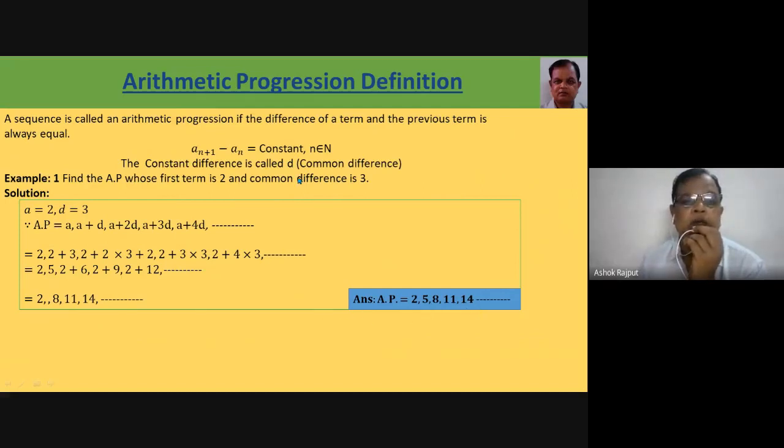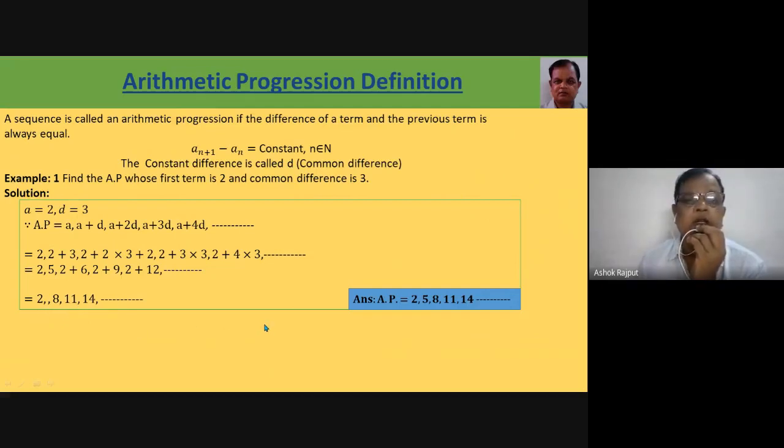Now, this is the definition. First we defined it, then we found the AP also. As we were saying, the difference between a term and the just previous term is always equal, and here it is 3.